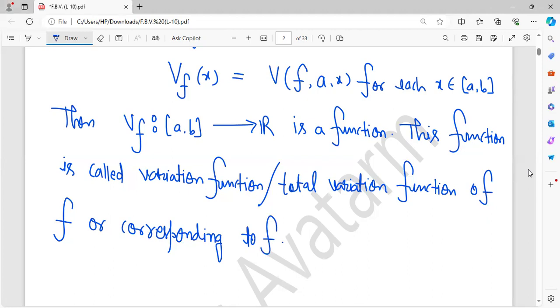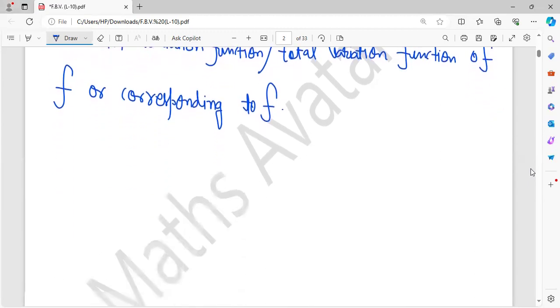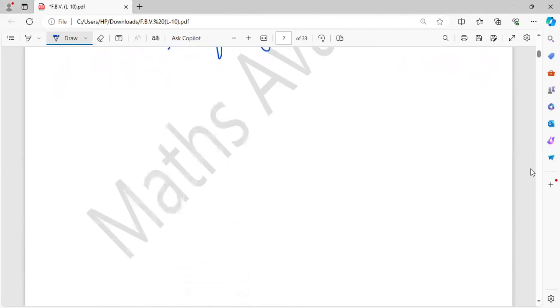Okay, f is a function of bounded variation. So what are the properties of this function? Properties of the variation function.